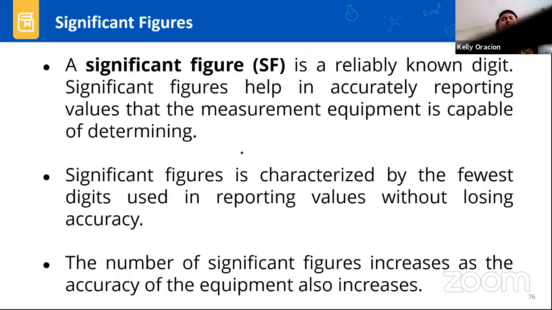I think significant figures was discussed to you na when you were in high school. Now, significant figures is characterized by the fewest digits used in reporting values without losing accuracy. And the number of significant figures increases as the accuracy of the equipment also increases, and decreases as the accuracy of the equipment decreases.